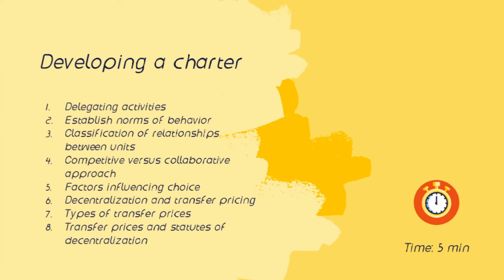The most important behavioral norms are socialization, specialization, standardization, and formalization. Third, classification of relationships between units. A good standard also provides the ground rules for managing inter-unit exchange. This exchange is necessary when the subunits depend on each other for input or output. Fourth, collaborative versus competitive approach.